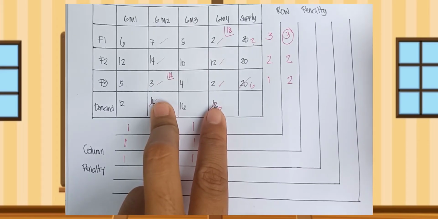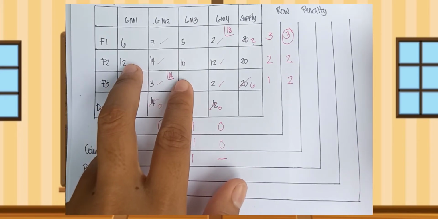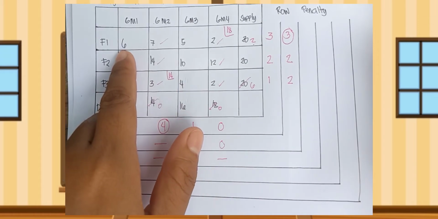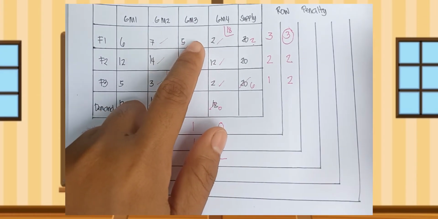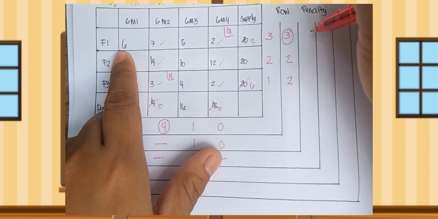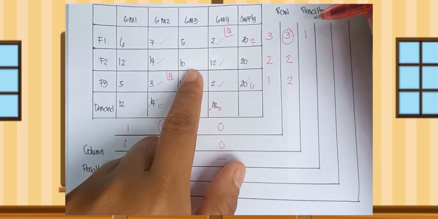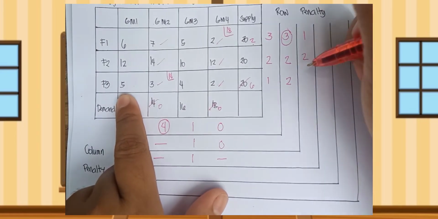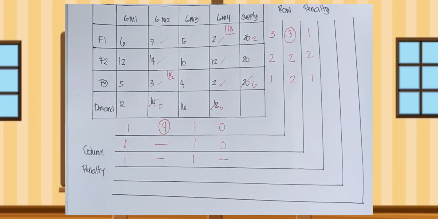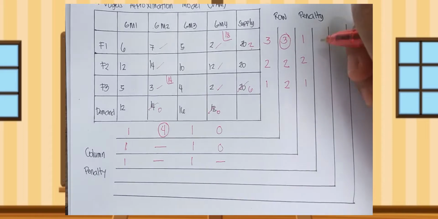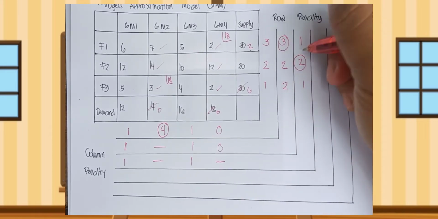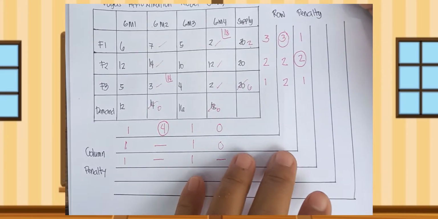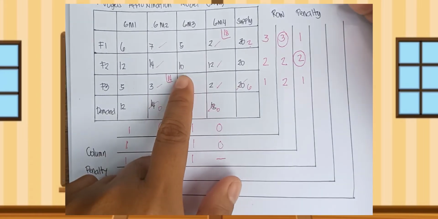So we only have two columns to solve. The two numbers are 5 and 6, so we have 1. Then 10 and 12 is 2. Then 4 and 5 is 1. So the biggest number is 2. Then find the smallest number. So we have 10 and 12.